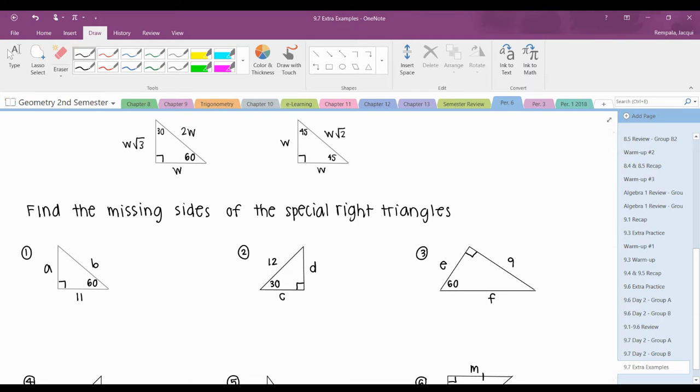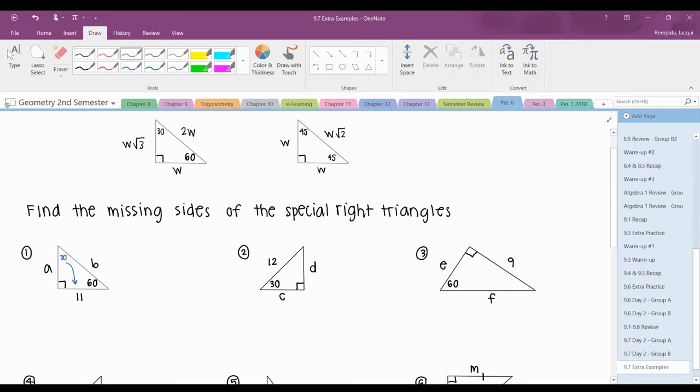So in my first example, I have essentially a 30, 60, 90 triangle. They're only giving me the 90 and the 60 degrees, but right off the bat, that means that the missing angle is 30. So notice that the side that they've given me is 11, and that's across from the 30 degrees.